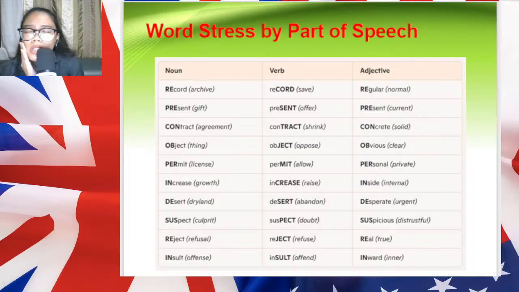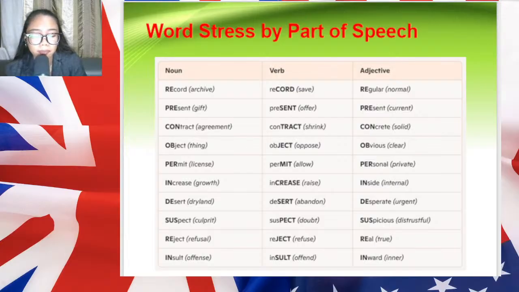So when we try to use all those versions of the word in the same sentence, we'll say, I'd like to present my presentation because I will be getting a present in the present. Okay, something like that. It is complicated in a way, but if you're familiar with parts of speech, then it's not really that hard for you.